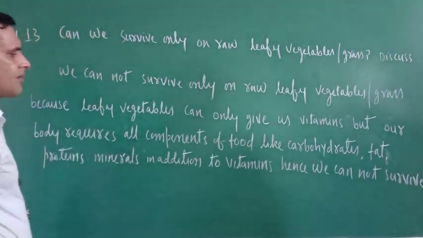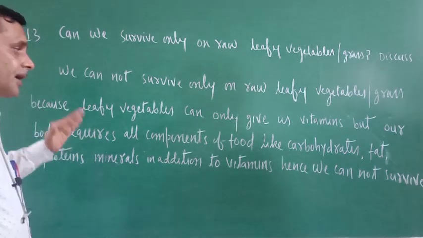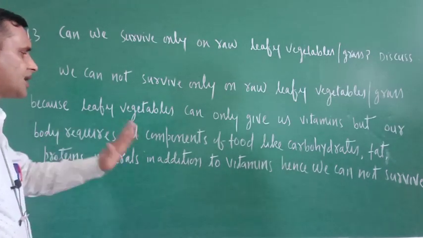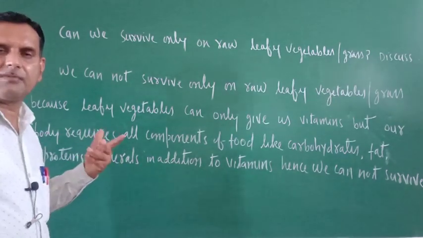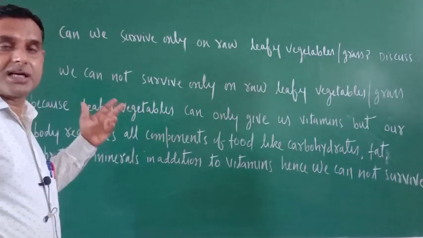Hence we cannot survive. Try to understand, our body not only requires vitamins, we require carbohydrate, fat, proteins, minerals in addition to vitamins. Hence our survival is not possible only on vitamins. That is why we can't survive.